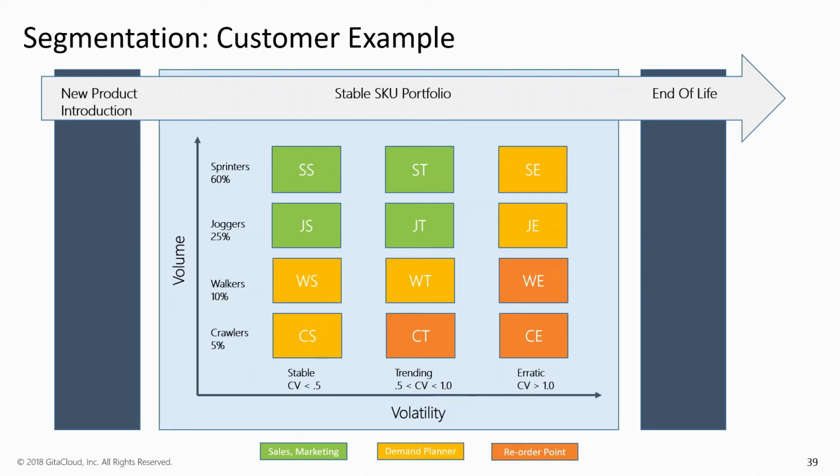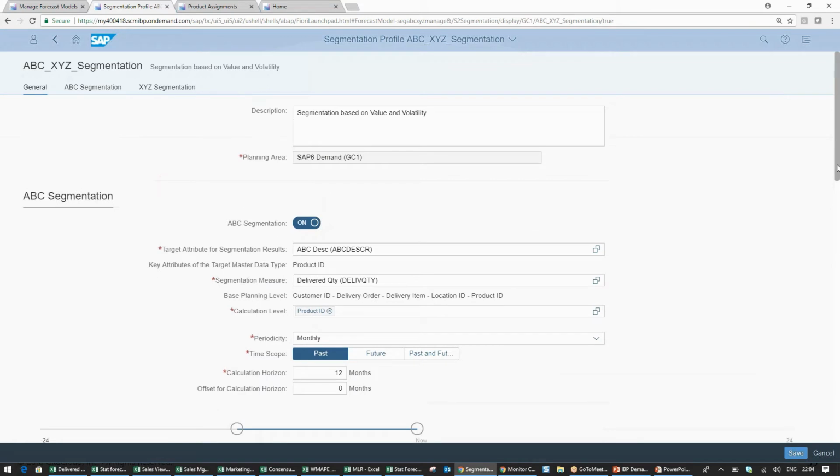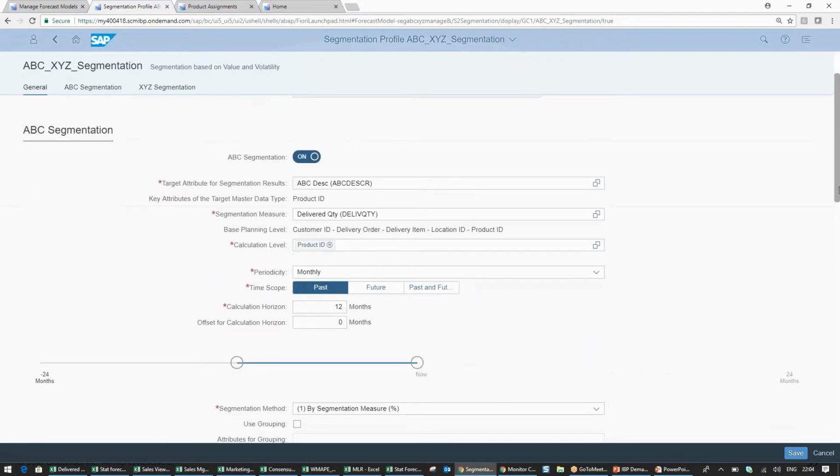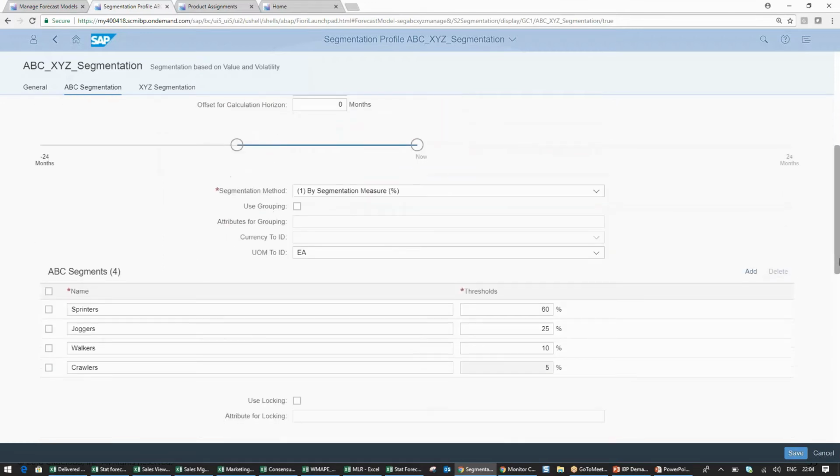So I'll just show you in this system how we can create ABC segmentation. You have a segmentation app wherein you can select which segment you want to create, where you want to save, and what target key figure you want to select. You can select the periodicity for your segmentation, and the most important thing is the segmentation method.